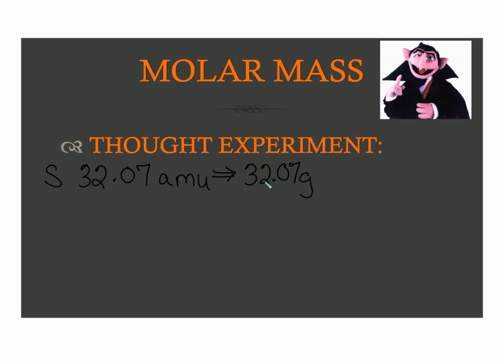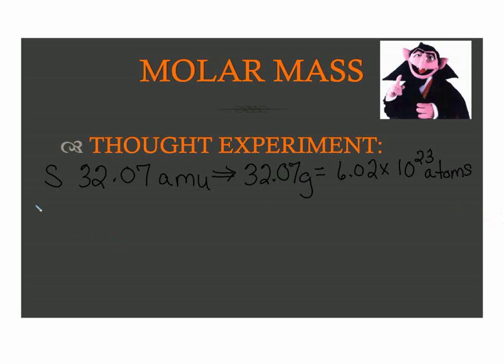These are atoms, and this is much, much larger, but just the numerical equivalent. If I counted all of the atoms of sulfur in there, I would get 6.02 times 10 to the 23rd atoms. Now, it would take me 1.91 times 10 to the 16th years, apparently, but still, it's a thought experiment.